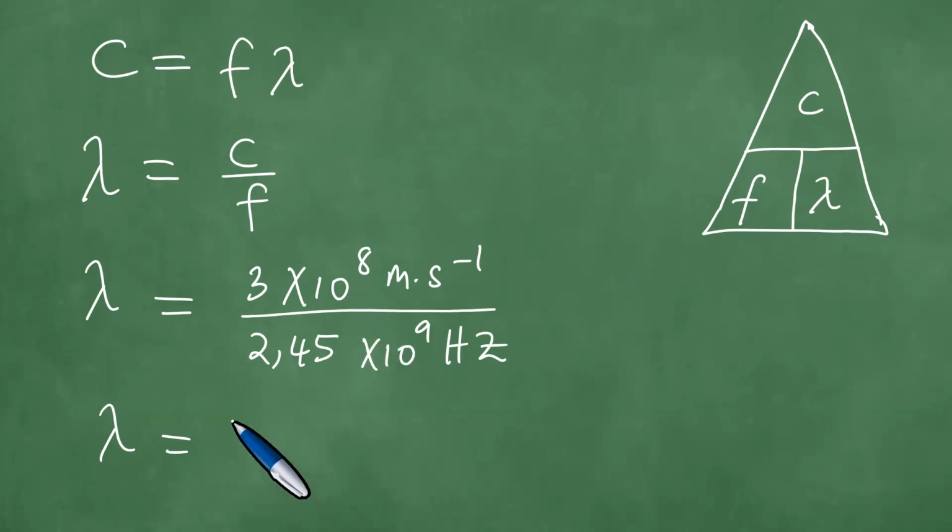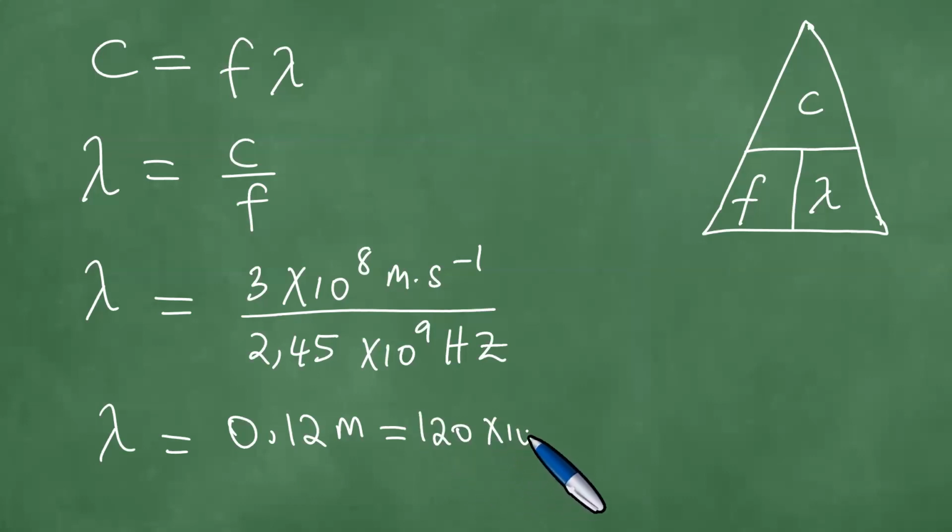Well done. It is actually 0.12 meters. You can move the decimal point 1, 2, 3 places, so it becomes 120 times 10 to the minus 3 meters.